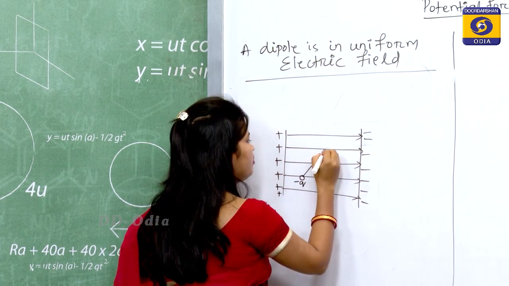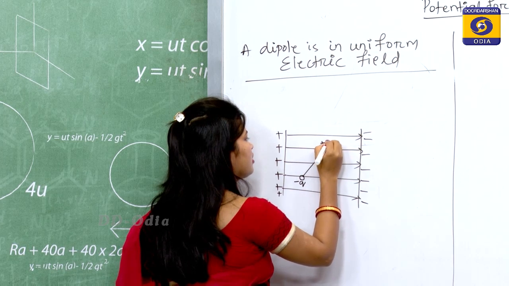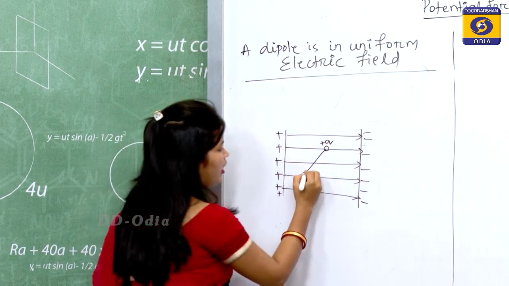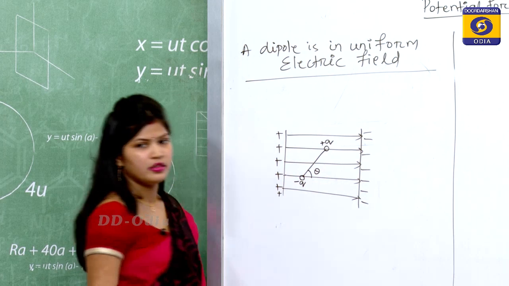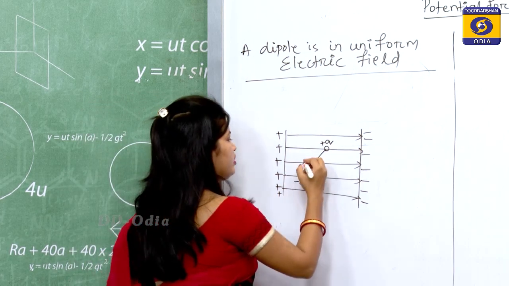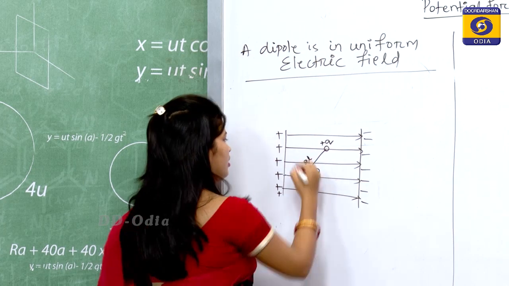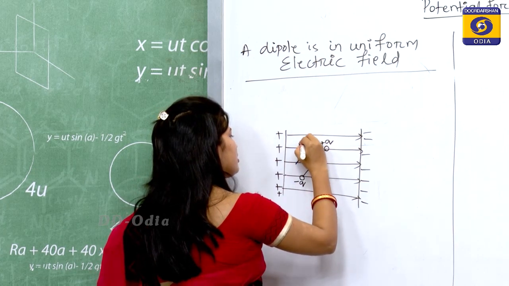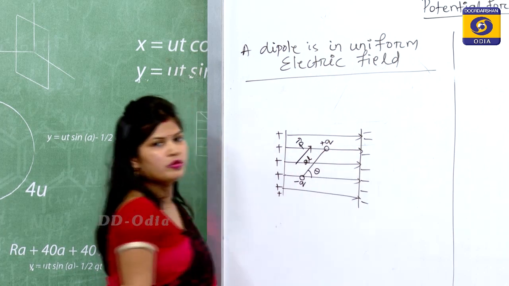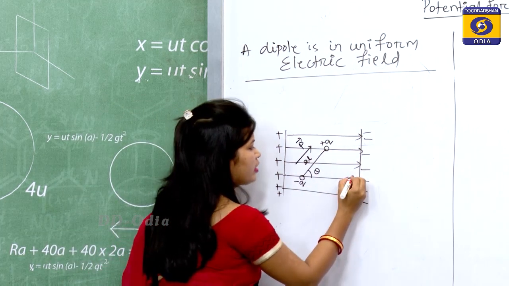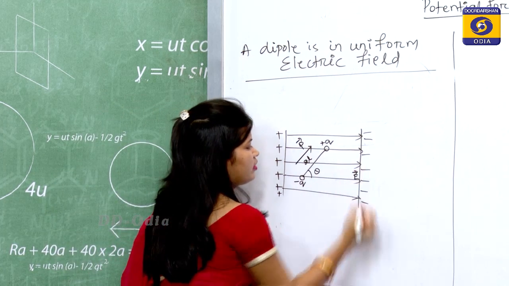This is minus q and this is plus q. The angle of elevation is theta. Their separation distance is 2l, and the dipole moment's direction is from minus q to plus q, and this is the electric field direction.